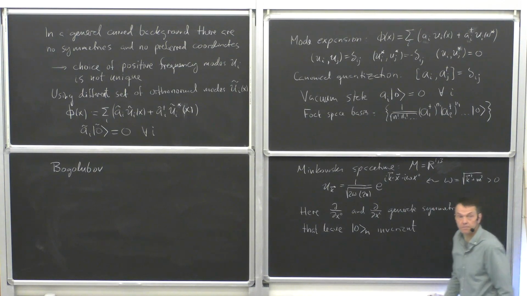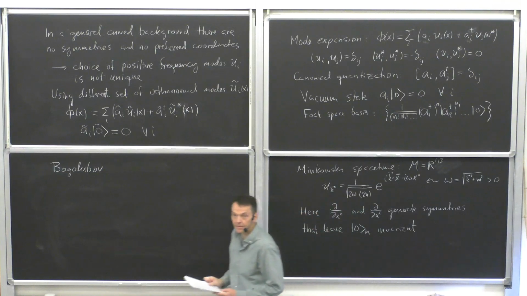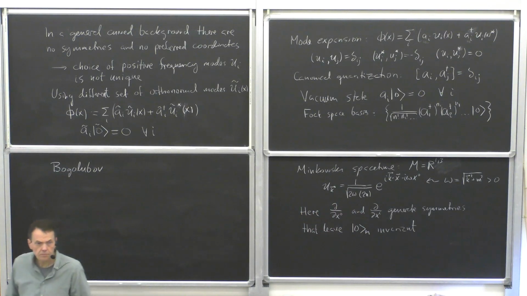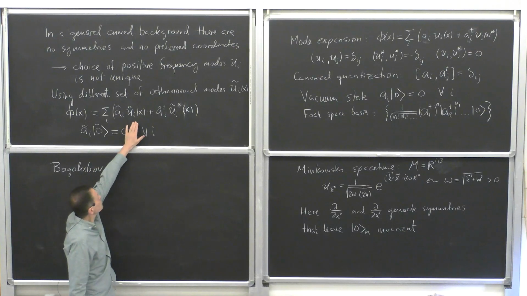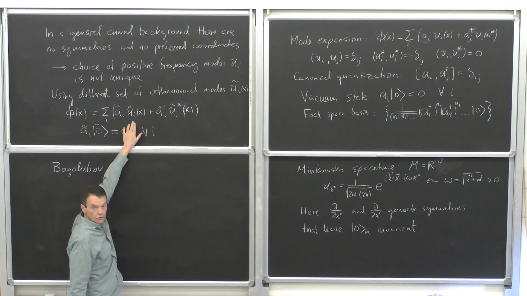Okay. I couldn't understand what is the rationale for saying that these two bases are related linearly? Well, these are, of course, going to be solutions also of the Klein-Gordon equation, right?